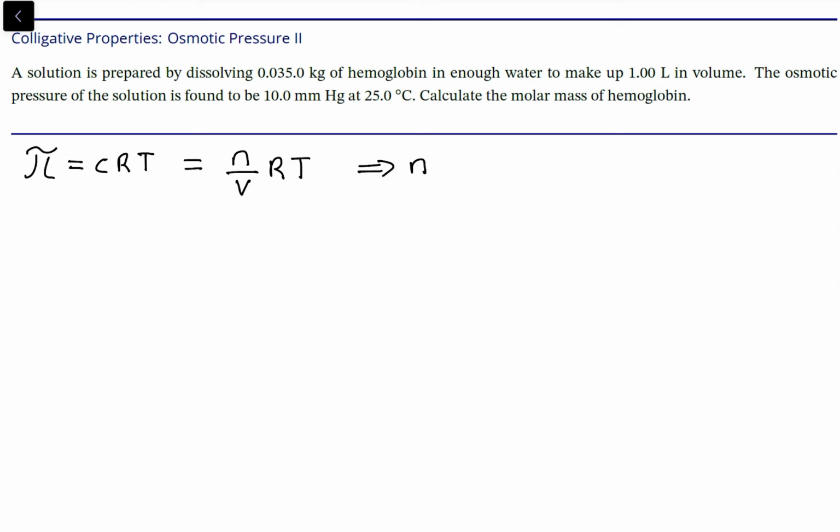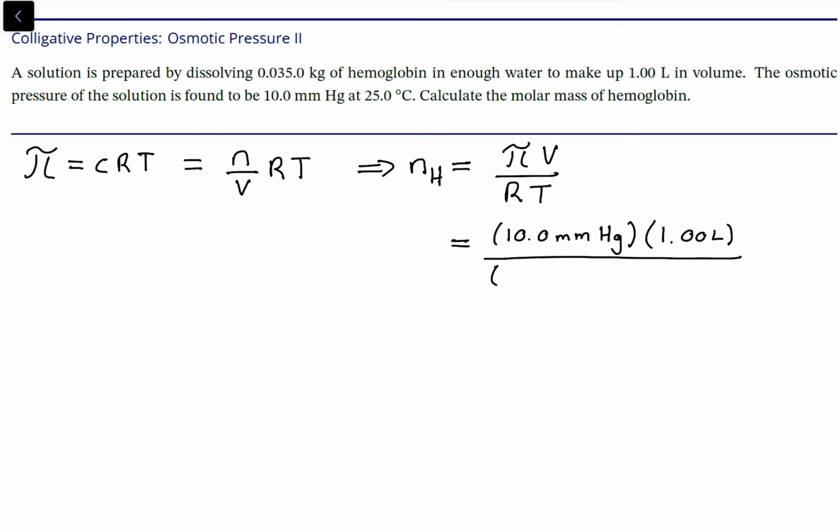So the number of moles of hemoglobin is equal to the osmotic pressure multiplied by the volume divided by RT. So in this case, the osmotic pressure is 10.0 millimeter mercury multiplied by 1.00 liter.